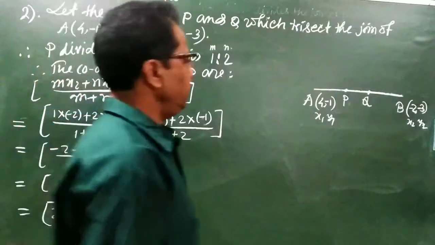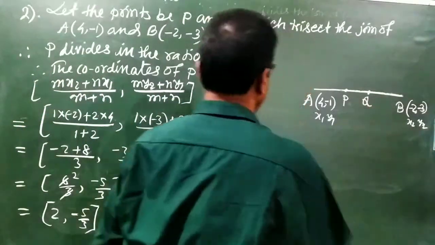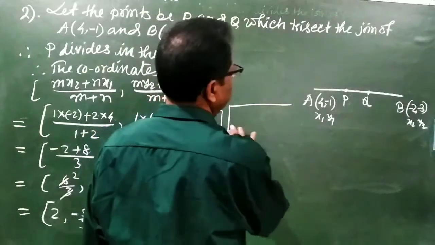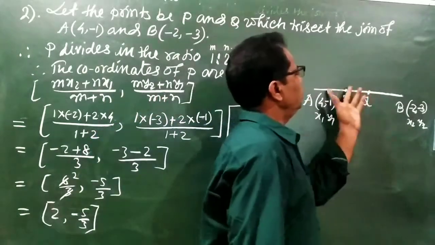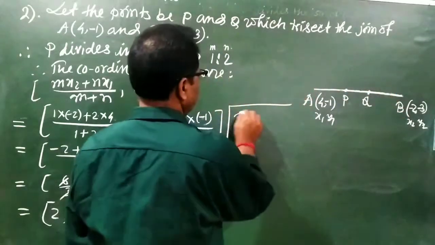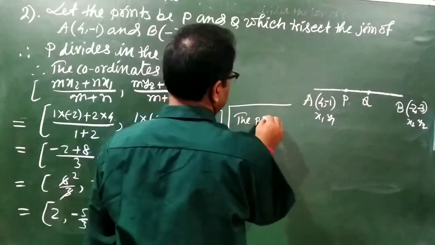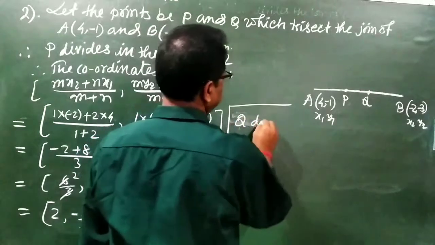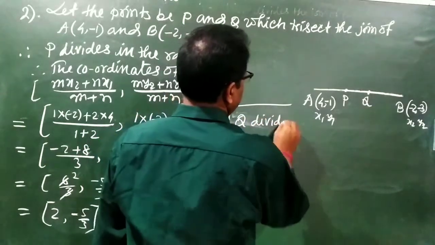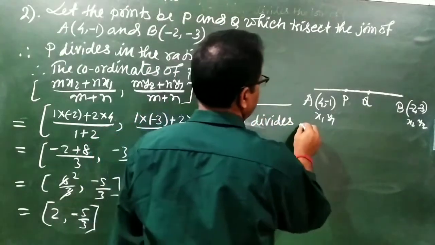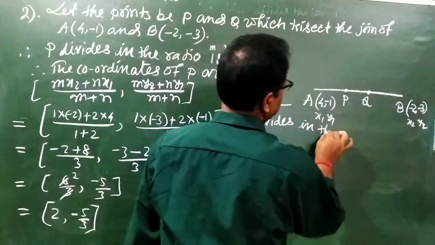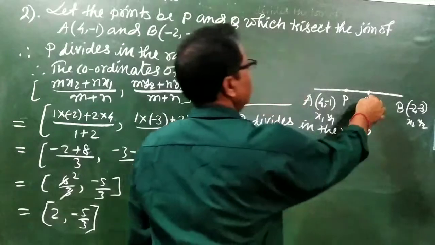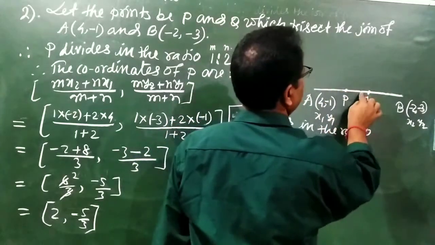Now let's go for finding out the coordinates of point Q. Q divides in the ratio 2:1. The point Q, or directly write Q divides in the ratio, for Q the second part is on that side 1.